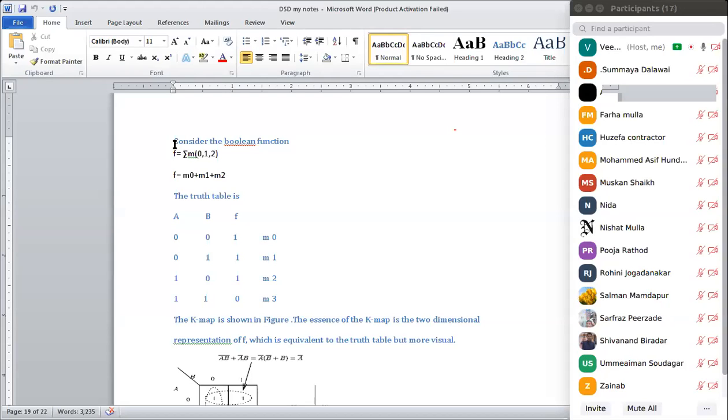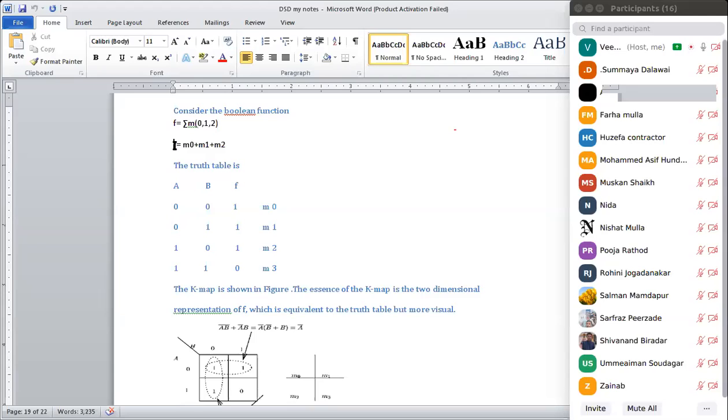Whenever we minimize all these things, it will be a standard SOP. We are following the K-map methodology to convert a general SOP into standard SOP. So here we have got F equal to m0 plus m1 plus m2.